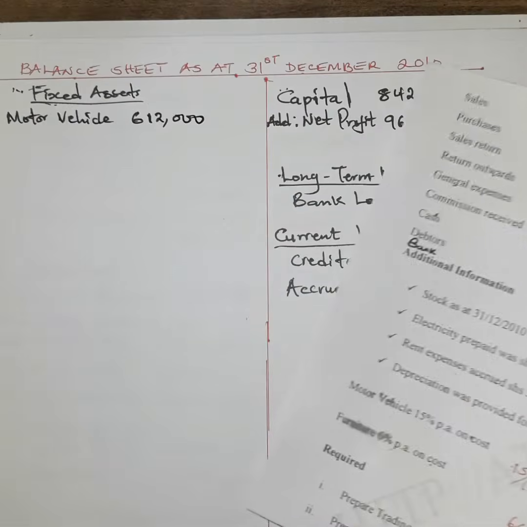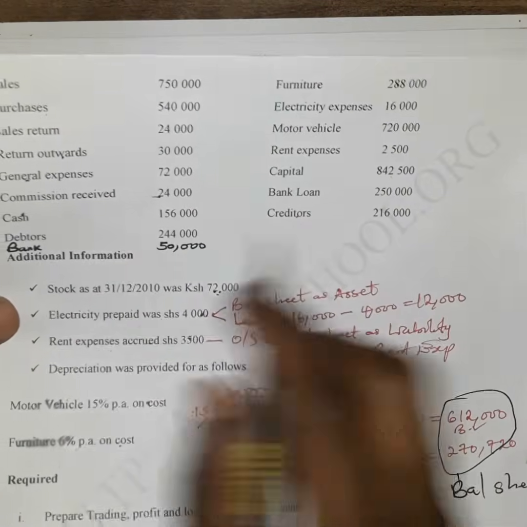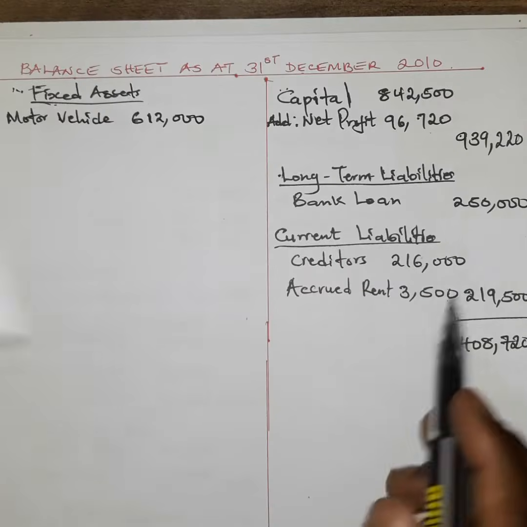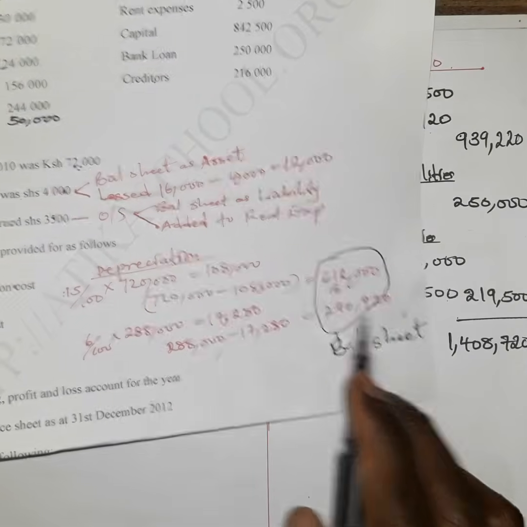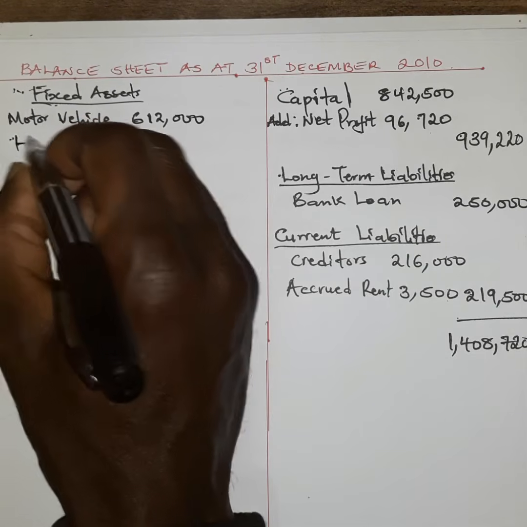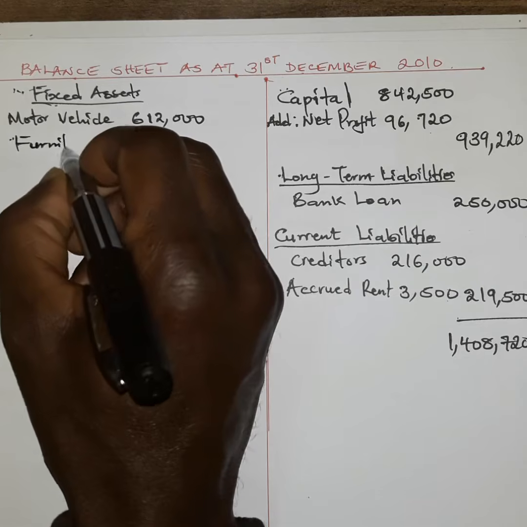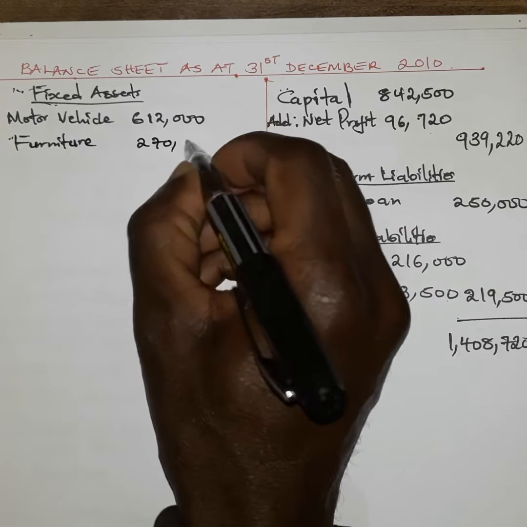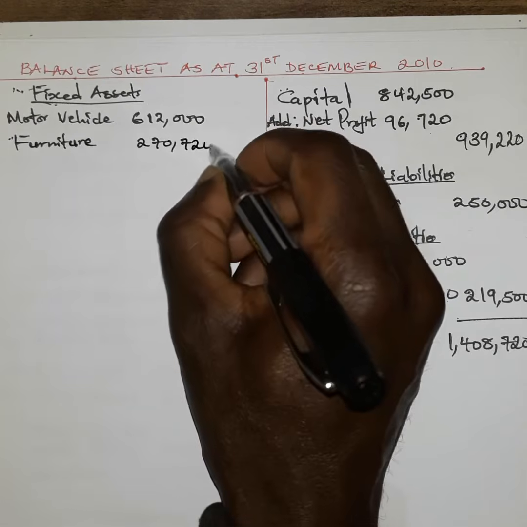We are supposed to add to it the furniture, which can also last more than 1 year. Again, the book value of furniture is 270,720.